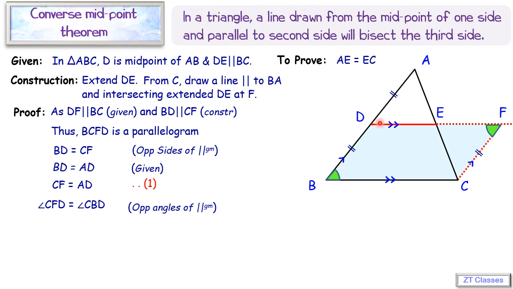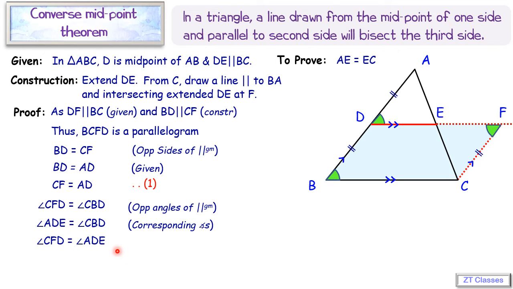If you will see, DE and BC are parallel to each other, and these two angles are corresponding angles. So angle ADE is also equal to angle CBD, which are corresponding. Now both these angles are equal to CBD, right? CFD and ADE are equal to CBD. So we can say these two angles are equal to each other, or CFD is equal to ADE.